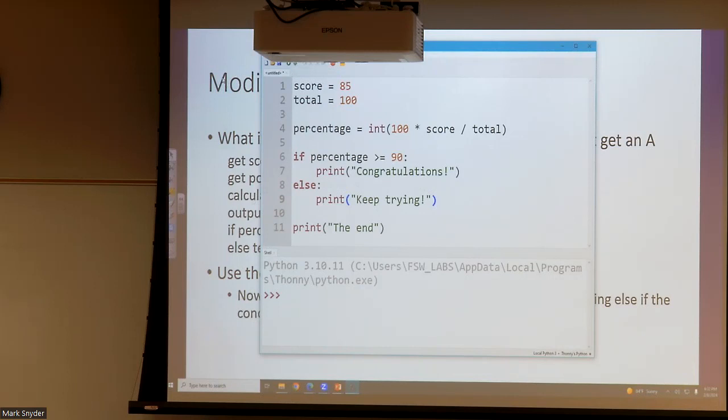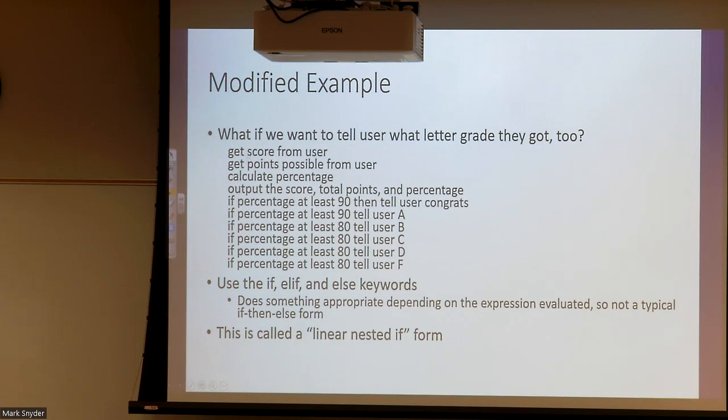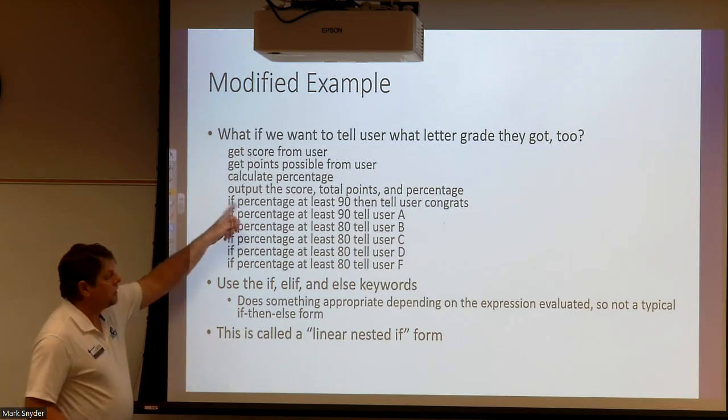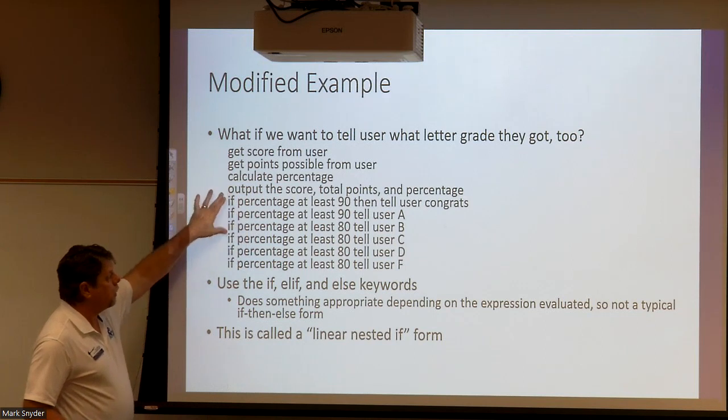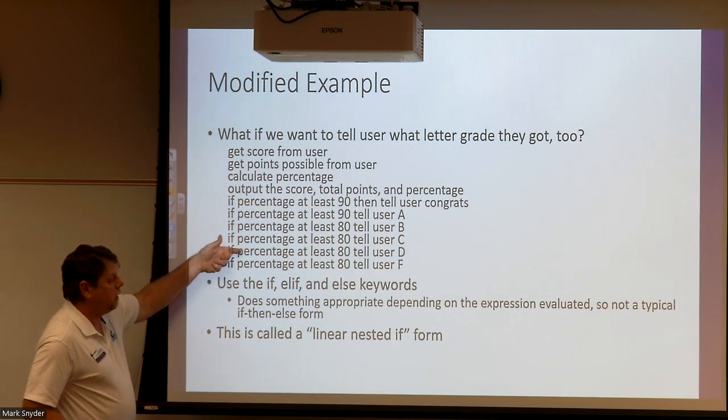But let me see. Yeah, okay, that is the next slide. So let me just click forward to the next slide. So yeah, here I just have a whole bunch of things in my pseudocode. Again, this is pseudocode. So if it's at least 90, tell them an A, you know, you get the point.